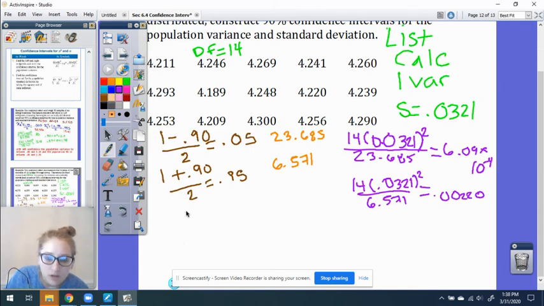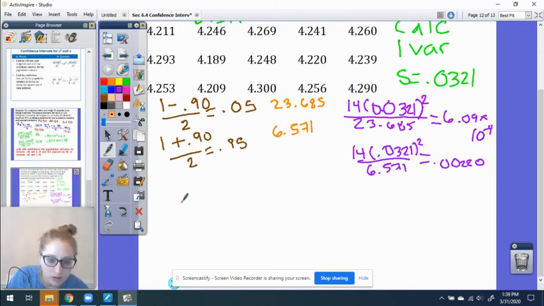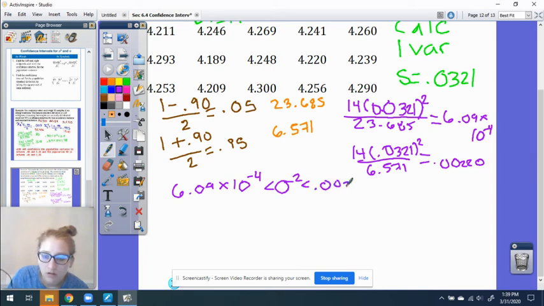Okay. So what that tells me is my population variance, and then to get my standard deviation, what am I going to do? I'm going to take the square root.